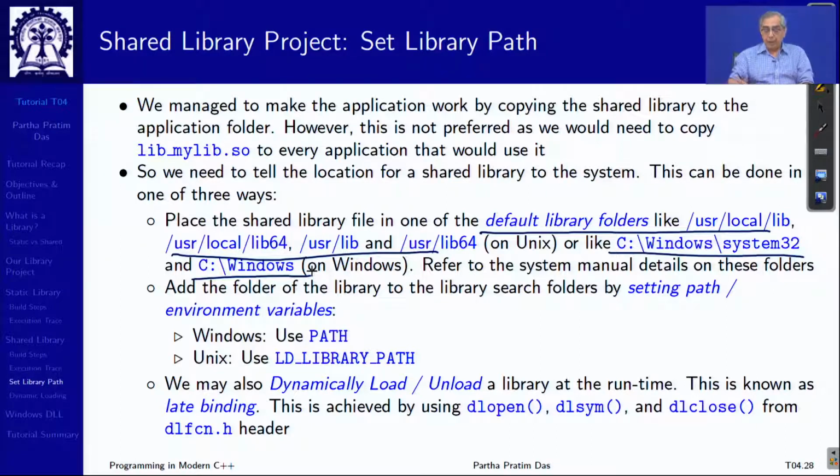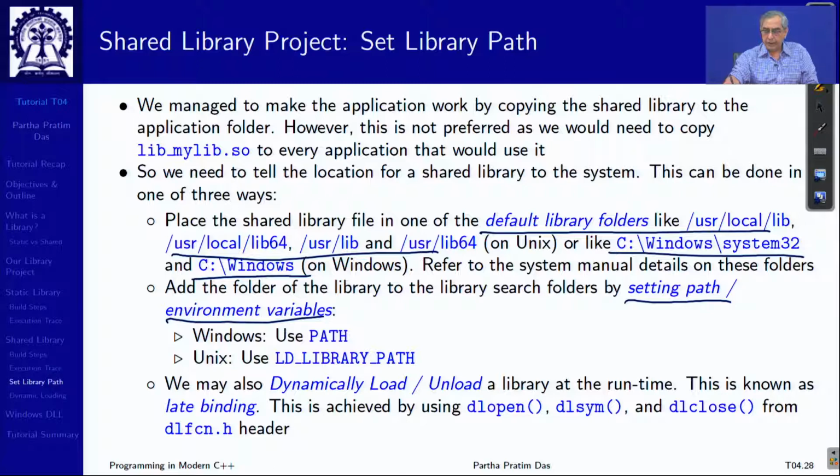So, one is to place them in the defaults, other would be you can just set a path or an environment variable. There is a PATH variable in Windows, there is LD_LIBRARY_PATH in Unix. Once in your system, you can set that to a folder where you expect your .so or .dll binaries to be put, and they will be found there.